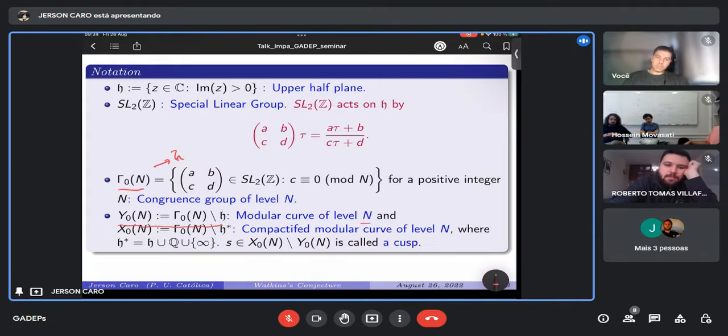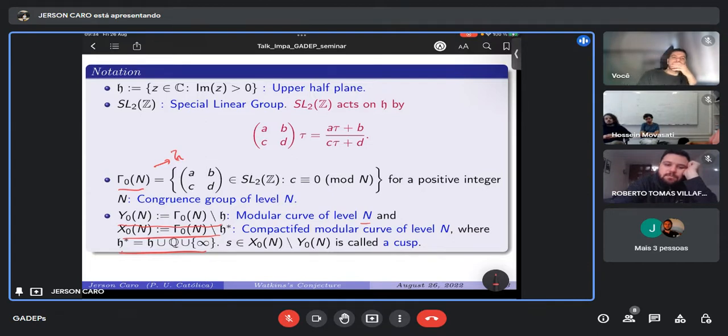We can also compactify this Riemann surface. More or less, the construction is that we take H, the upper half plane, and adjoin Q and the point at infinity, calling it H star. We extend the action of Gamma_0(n) to H star and take the quotient by the same action.